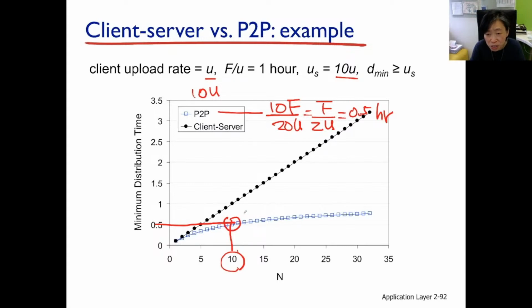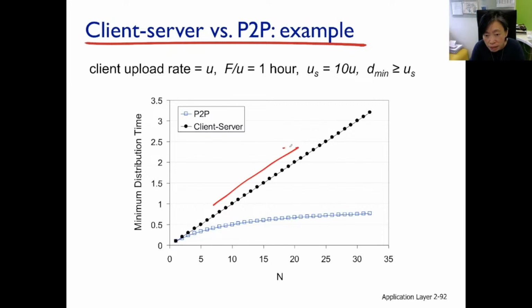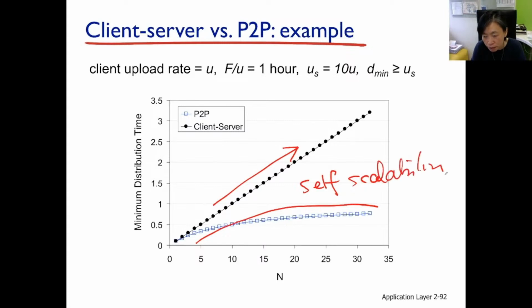Okay? So you see the growing trend, linear in client-server mode, but sublinear in P2P mode. And this illustrates this characteristic of P2P systems very well, self-scalability. All right? And this is the big advantage of running an internet service in the P2P architecture over the client-server architecture.